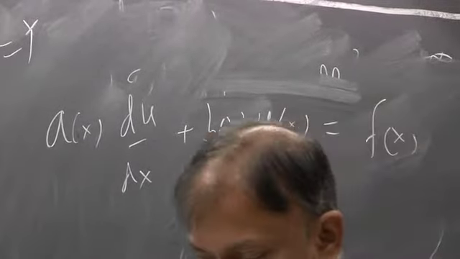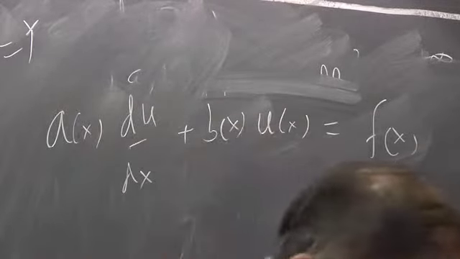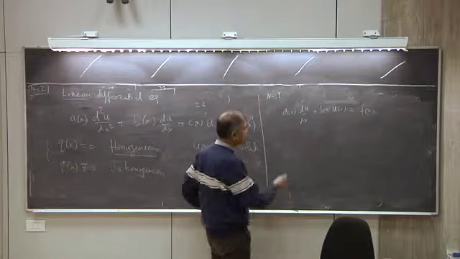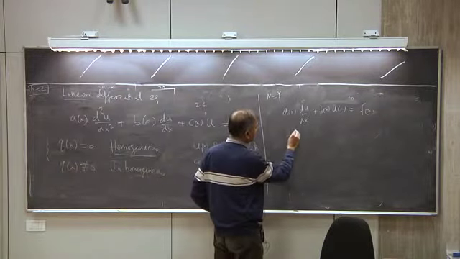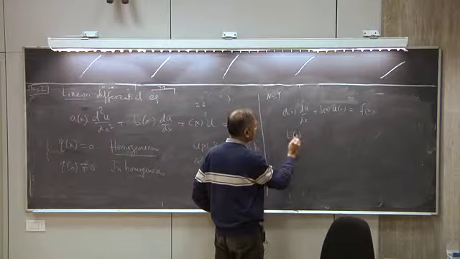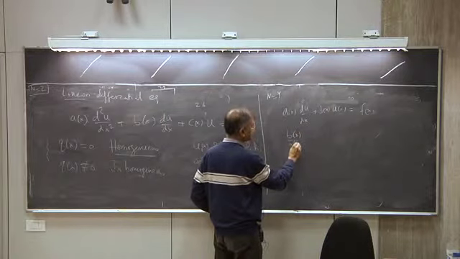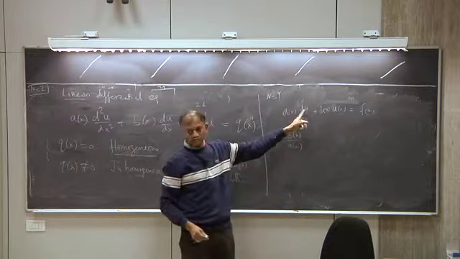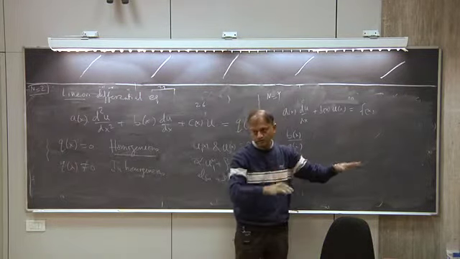A first order differential equation is always very easy. One systematic way of solving this is to write b of x over a of x. These functions are given to you, right? The only unknown quantity is u. A, b, and f are given to you.